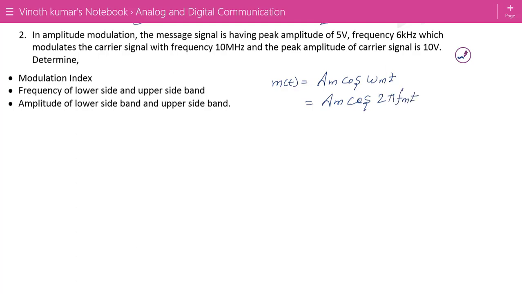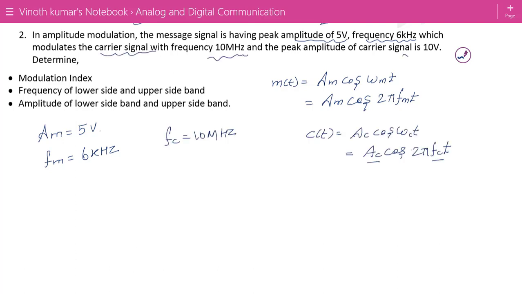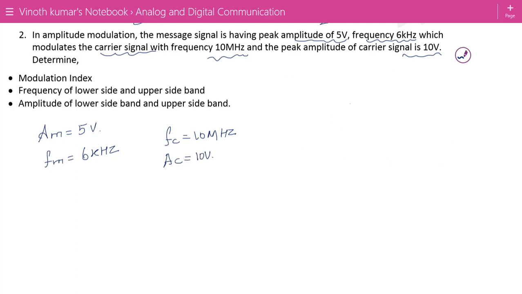The peak amplitude of the message signal is 5 volt, so Am is 5 volt and the frequency of the message signal is 6 kilohertz. So fm here is 6 kilohertz, and the peak amplitude of the carrier signal AC is 10 volt. So we are asked to find the first one, modulation index, that is mu.